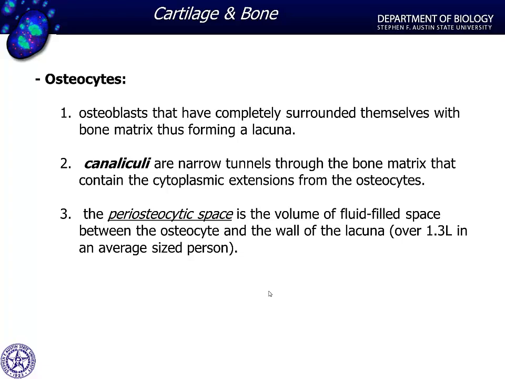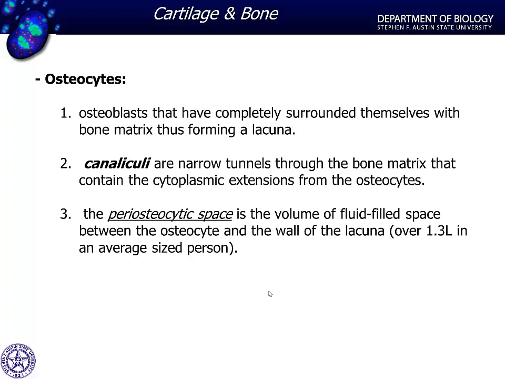Some people still refer to those spaces as the canaliculi. Those are actually the spaces where the canaliculi resided. So I want you to understand there's a difference. But many people just refer to the spaces as well as the cytoplasmic processes as canaliculi. And that's not exactly correct, but we will stick with that for our class. I just wanted you to know the very specifics of using that terminology.